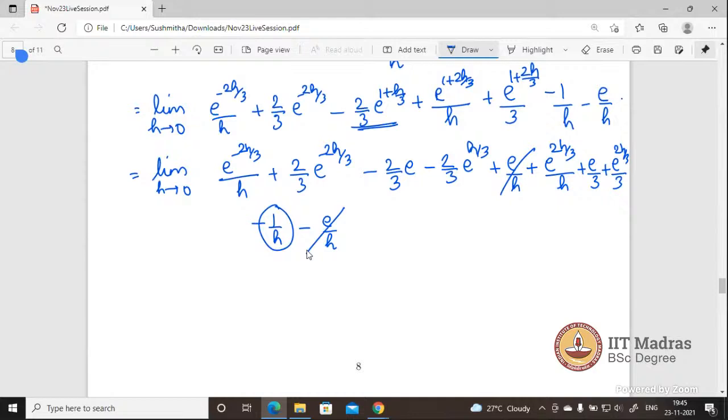But if I take limit as h tends to 0, what will this value be? 2 by 3. Yep, this is going to be 2 by 3, and this is already minus 2 by 3 e. This is minus 2 by 3, because as h goes to 0, this goes to 1.